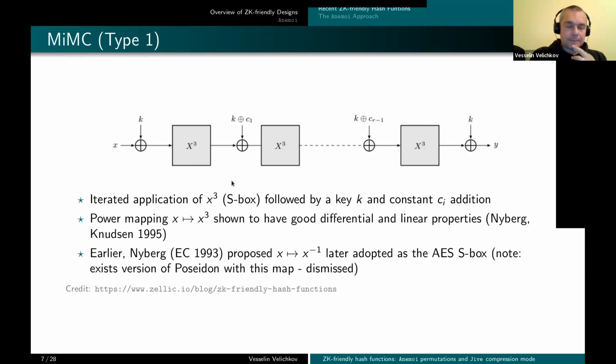Now, this XOR, you can think of it as a linear layer, a linear operation, it XORs the round keys before the application of the cube function. So broadly speaking, you can think of this as a linear layer followed by a nonlinear layer, a linear layer followed by a nonlinear layer. So linear transformation, nonlinear transformation, linear, nonlinear.